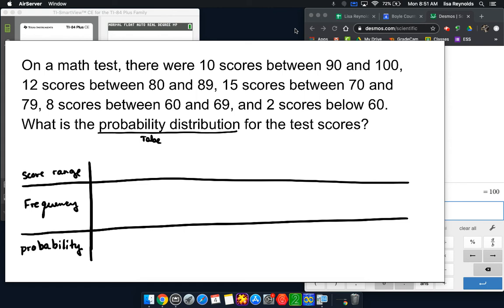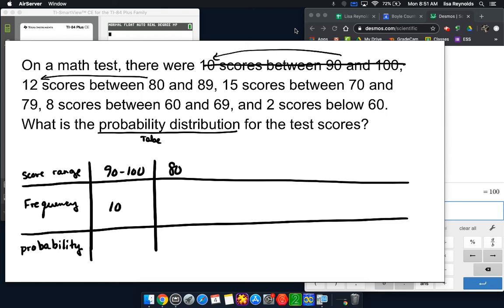So our score ranges, we have 90 to 100, and it has 10. We have 80 to 89 with 12.